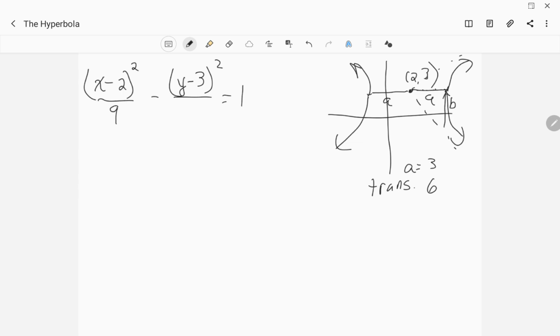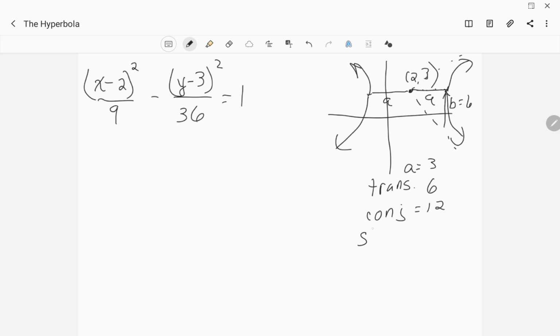So if I look in my textbook and I start at the vertex and I count down 1, 2, 3, 4, 5, 6, my B is actually 6, meaning my conjugate axis would be 6 down and 6 up, which would be a total of 12. B squared would be 6 squared, which would be 36.